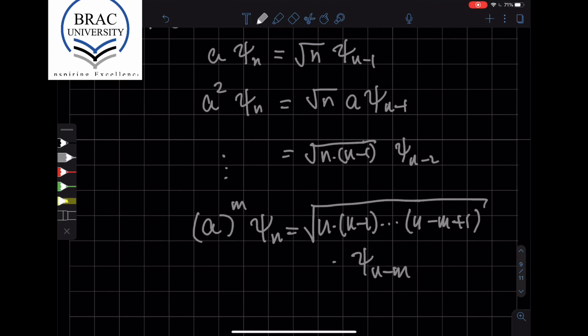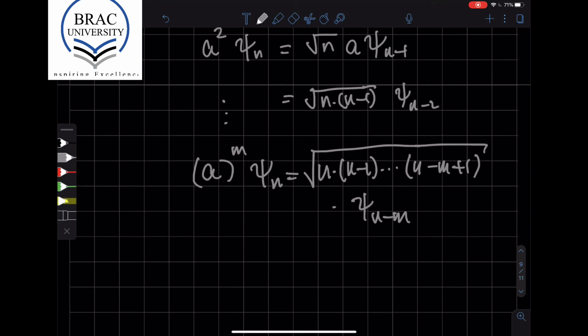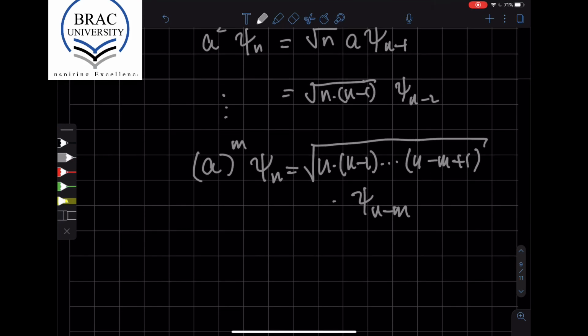So this process, in general, will not terminate. Now, we showed before that the eigenvalue n is 0 or positive. So if this process were to continue indefinitely, at some point the eigenvalue of this state would become negative.